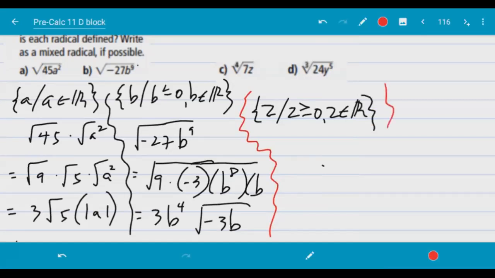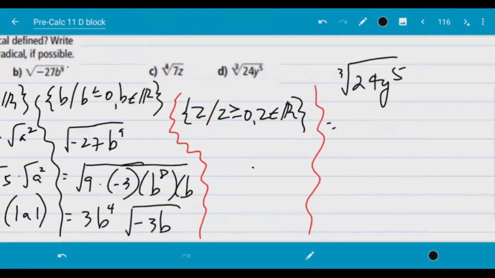Next one. Cube root of 24 y to the 5th. Well, what we can do is split it up into factors that have cube roots, 8 and 3, because 8 has a cube root.